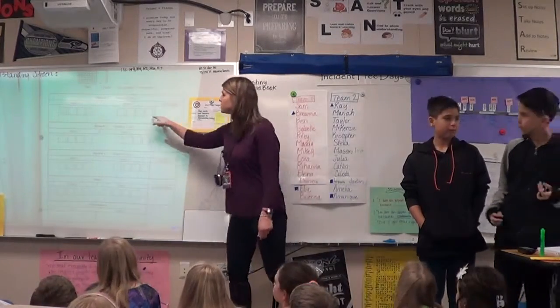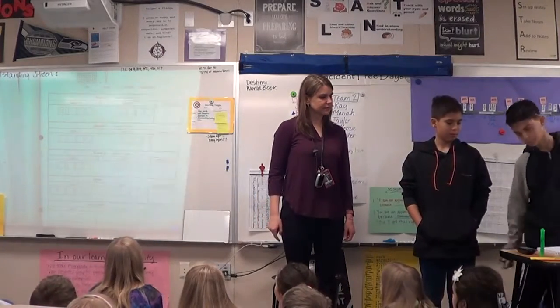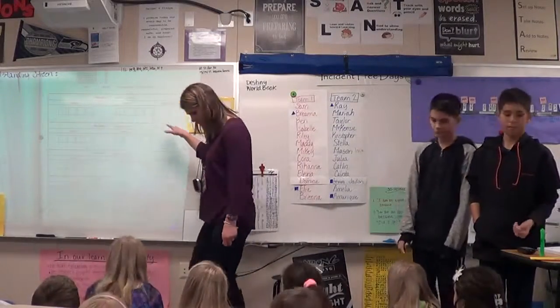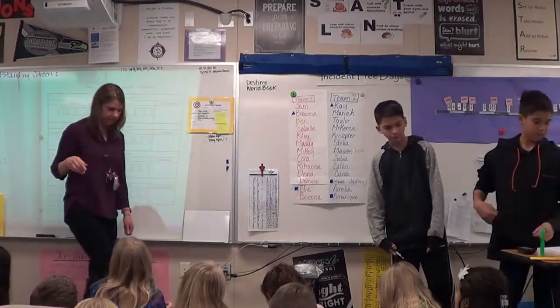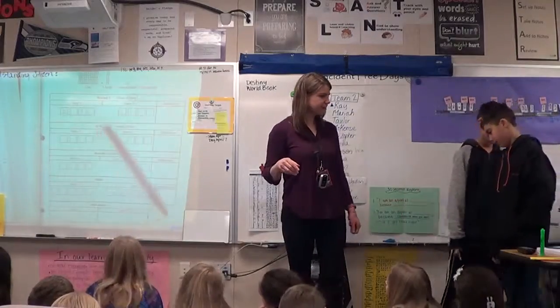So which box do you want to put your 1 in? Okay, so you guys are filling this in. Okay? So you want to root for the one on your team.